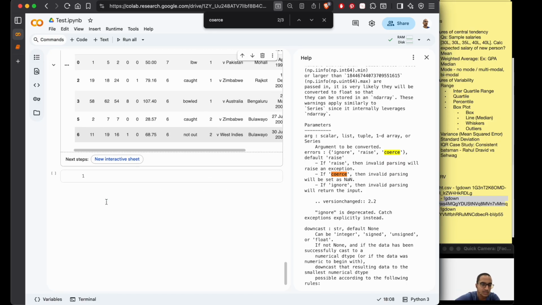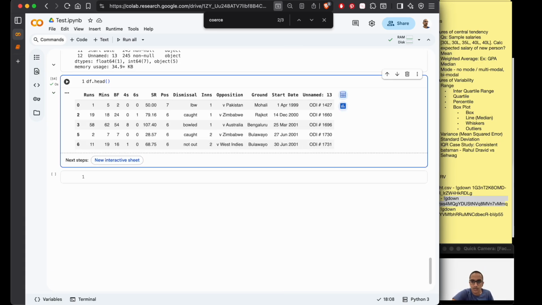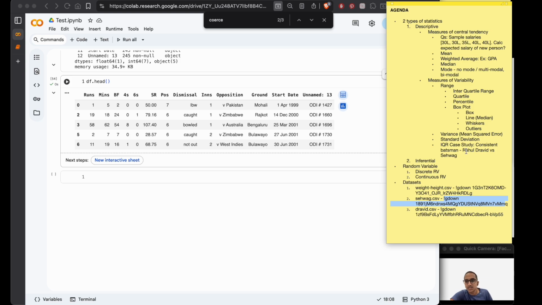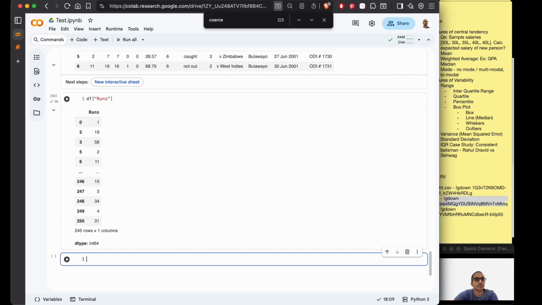Now let's look at the actual thing. So we have our data. What we want to do is analyze the runs. So we'll just use the runs column. So these are the runs of Sehwag.